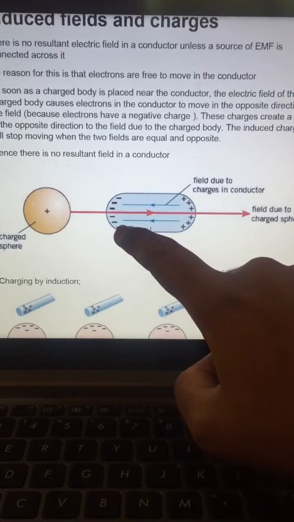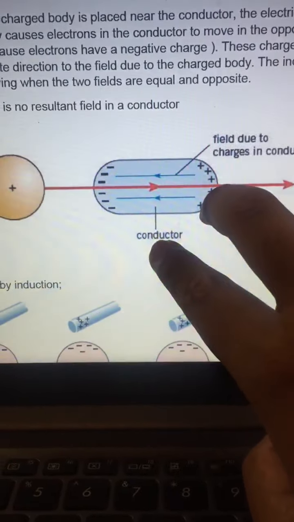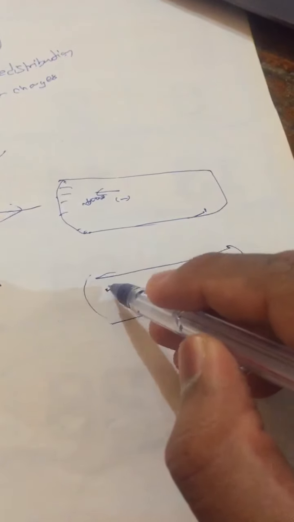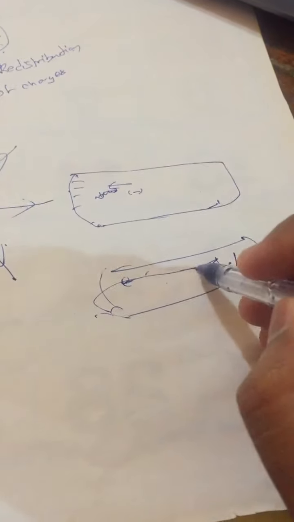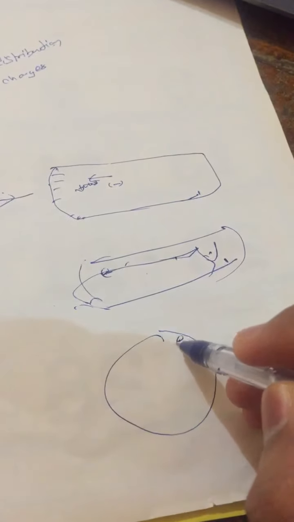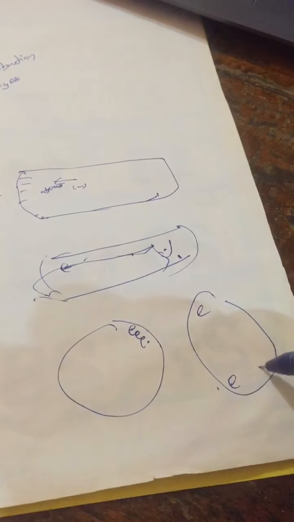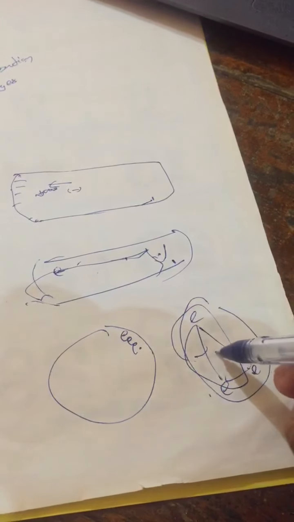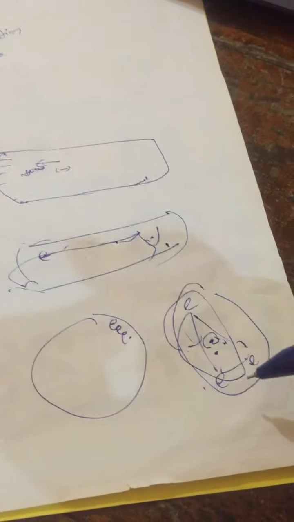Okay? And when that happens, something beautiful starts happening inside the conductor. Originally, inside a metal conductor, the field is zero because the electrons are free to move, so they will distribute themselves everywhere equally. If you put some electrons at one place inside a conductor, they will spread everywhere and achieve a balance, so that if you put a positive charge inside, it will not experience any force.